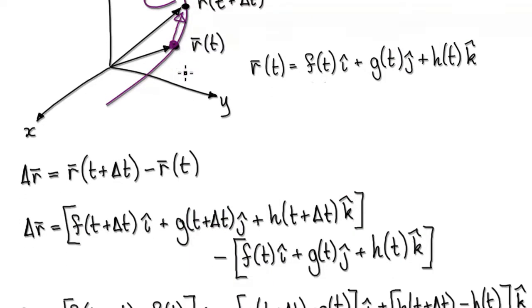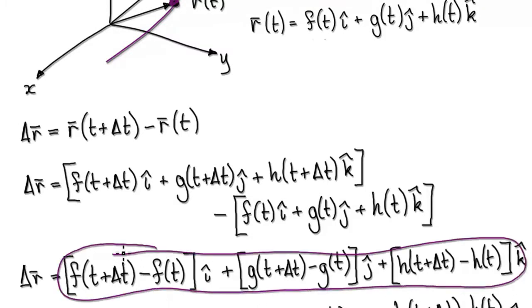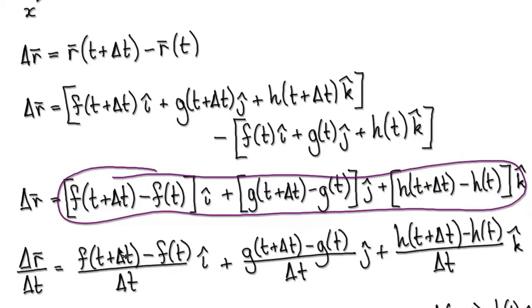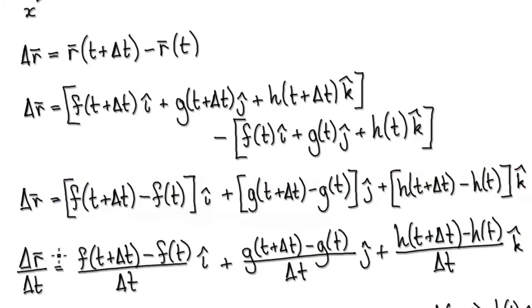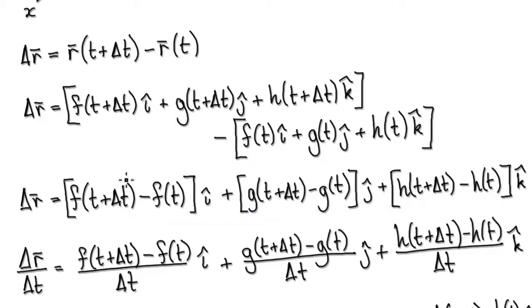Okay, so delta r is given by this whole thing here, and if you divide it by delta t, that will give you the average speed. So divide the whole lot here by delta t. When dividing the whole lot, you can just look at each component individually.